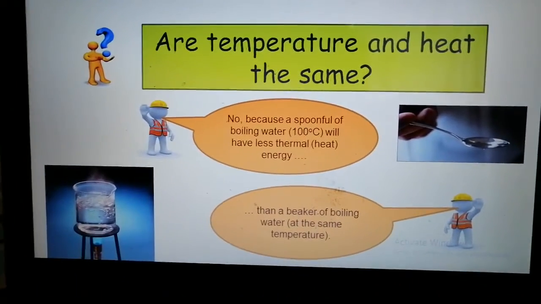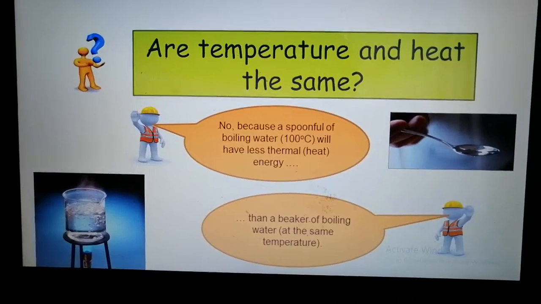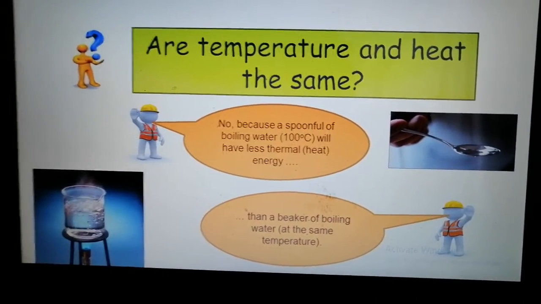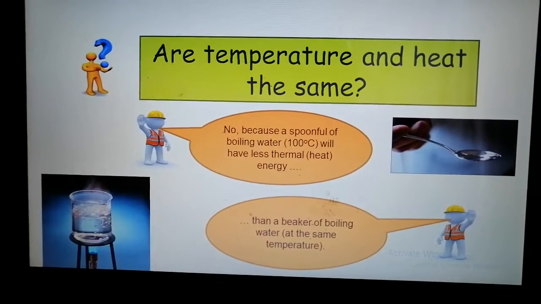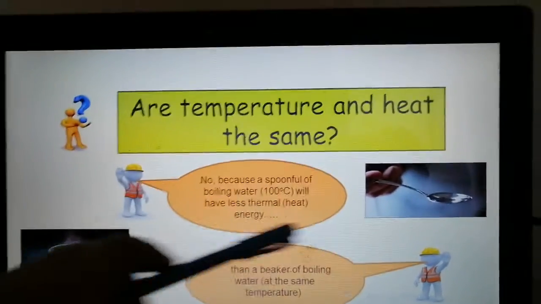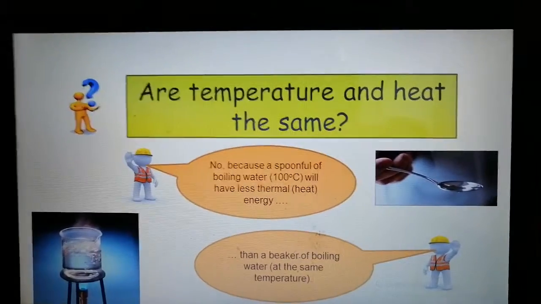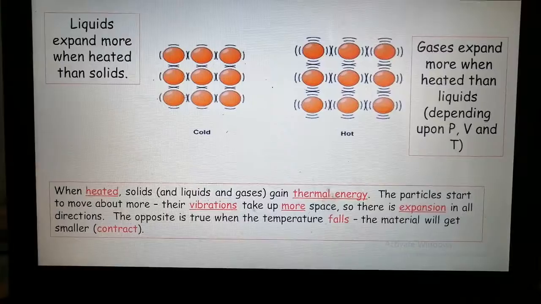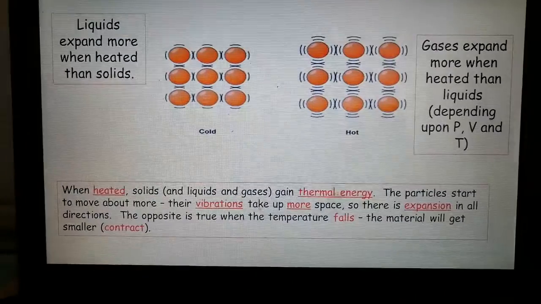They still have the same temperature, which is 100 degrees Celsius, but they have different thermal energy. Why? Because it depends on the volume. This one has more thermal energy than this one. Understand? That one was just the introduction. So we start from here. Look at here. Liquids expand more when heated than solids.